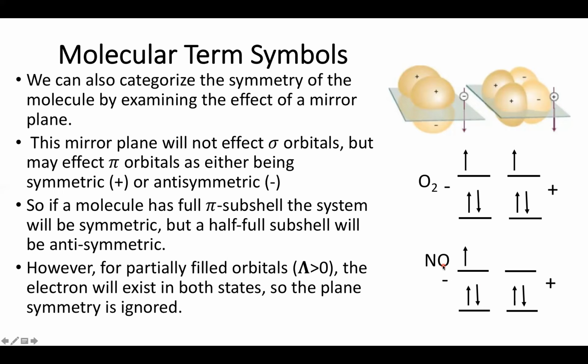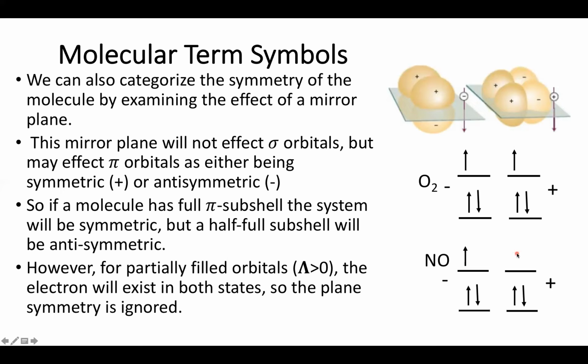So if I ever have a partially filled orbital, which can only be given by an orbital angular momentum greater than 0, so 1 or 2, which can only occur when multiple electrons exist in one set, then we end up counting this really difficult part because my one electron or two can either be on the plus side or the negative side.